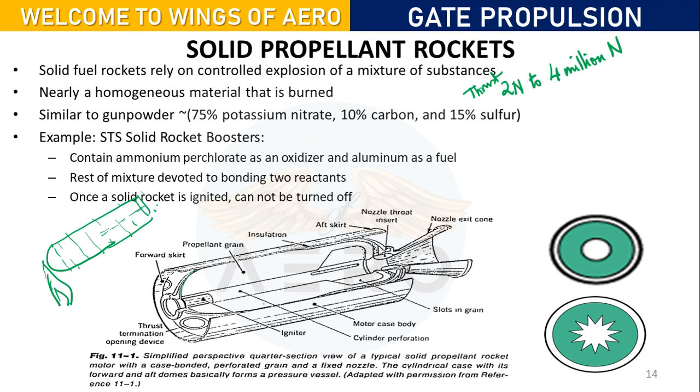If I look at the cross section of that solid propellant, with the igniter over here, it will start to burn in circumferential ways. So burning out and producing that thrust is much easier compared with the liquid rocket propellant.